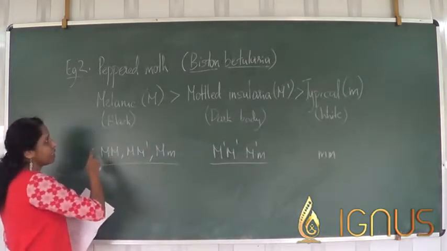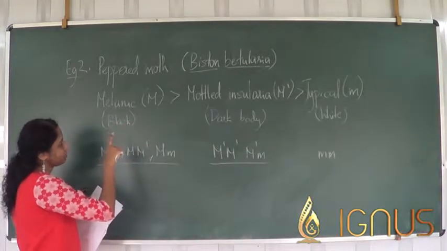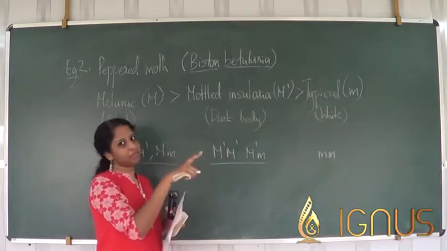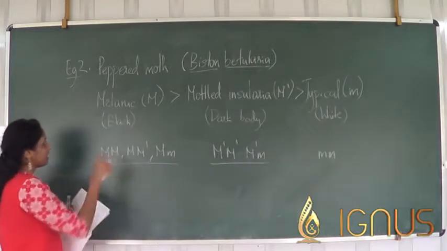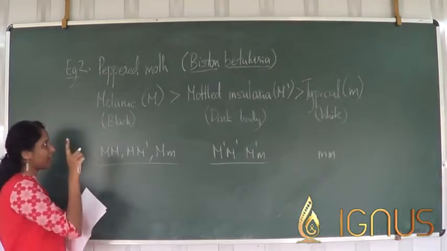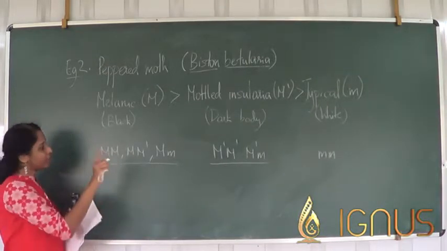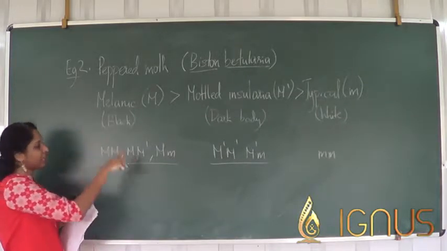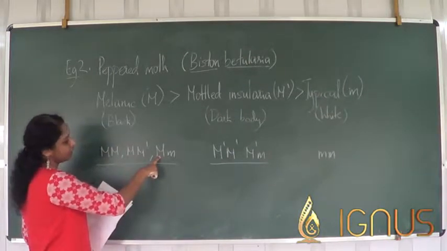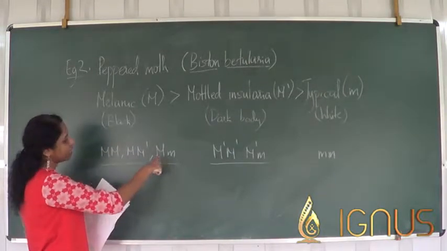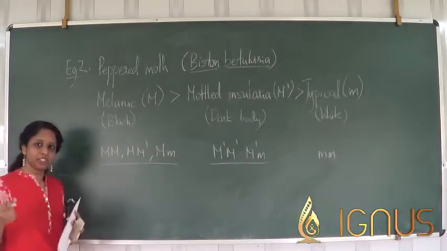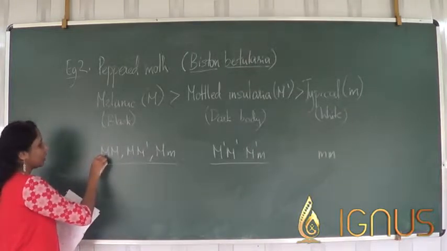So melanic is going to be dominant over mottled insularia, and mottled insularia is dominant as compared to typical, which means that if there is a melanic gene present with a melanic gene, as in both the alleles are M in this case, or if one allele is melanic and the other is mottled insularia, or one of the alleles of the gene is melanic and the other is the typical, in all of these three cases, the expression of the gene would be only the melanic.